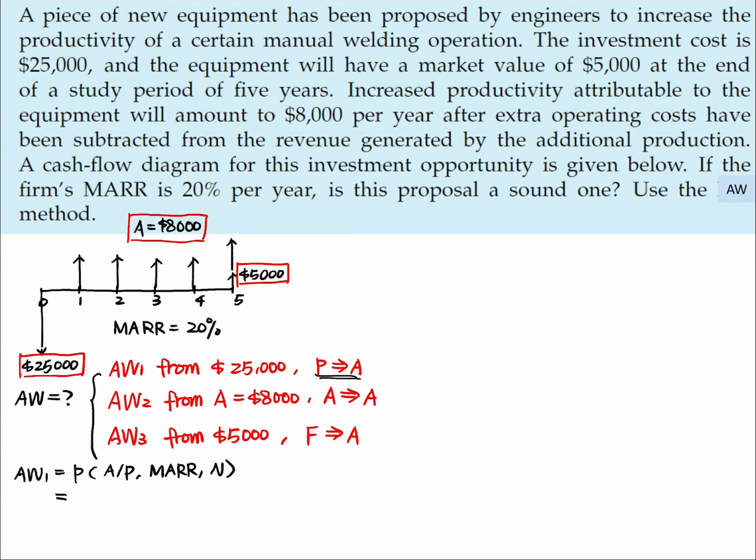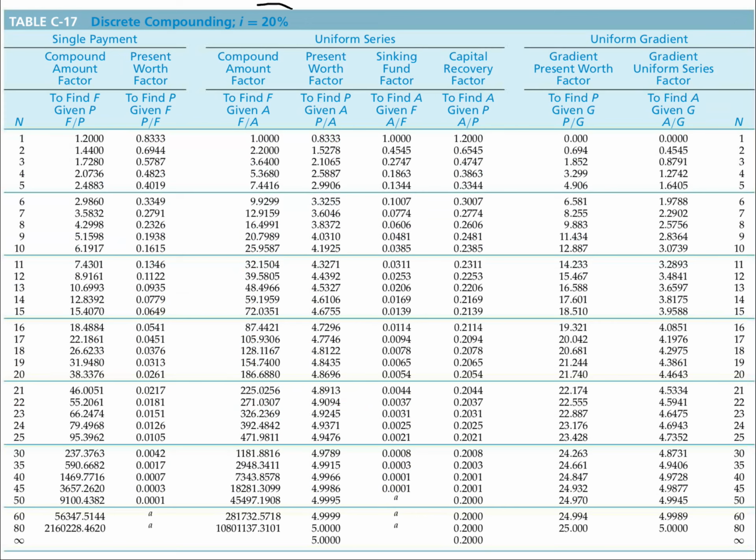So the equation is P times A/P, MARR, N, and P is 25,000. Don't forget about the negative sign. And that factor is A/P, 20%, N is 5.